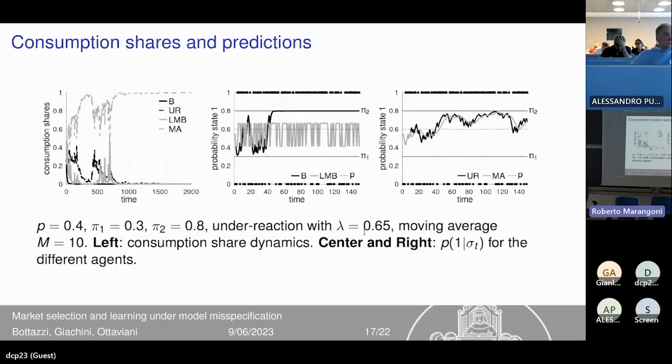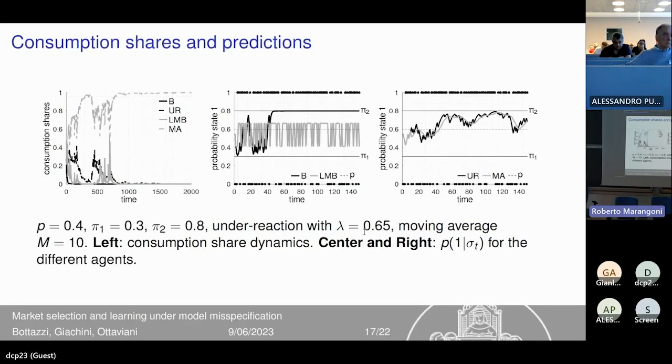This describes a typical trajectory of the model. You can compute, using all the things that I showed you before, the consumption of the different agents. For instance, in this specific simulation, the agent that asymptotically rules the market, so consumes everything, is the moving average agent.